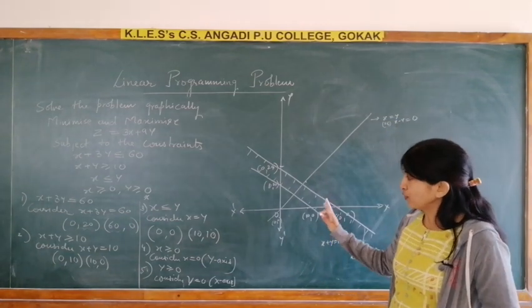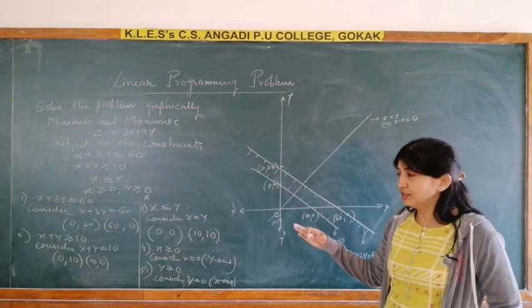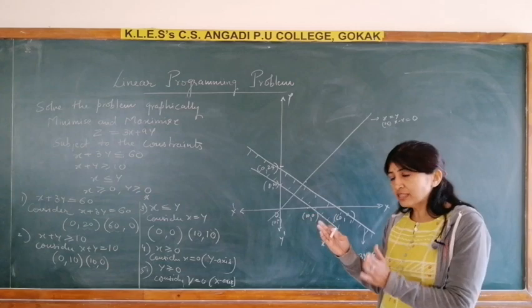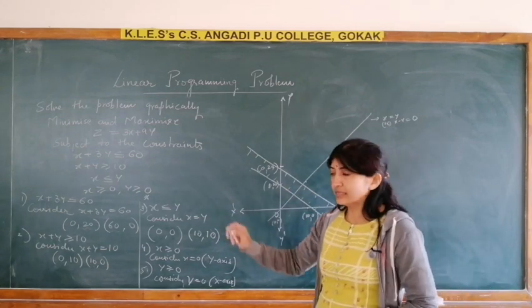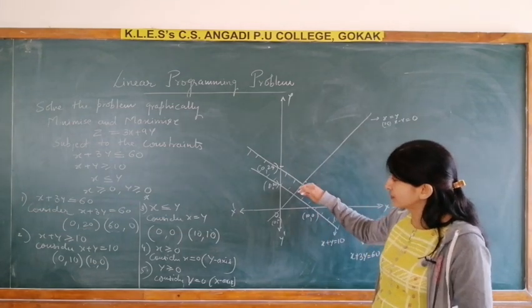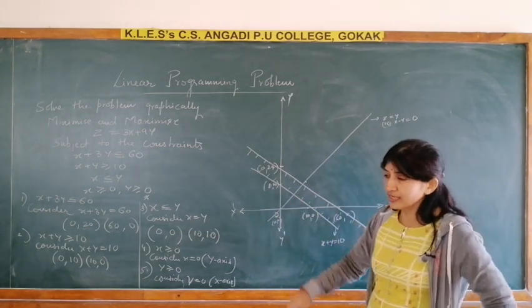Now, the next point is, when the line is not passing through the origin, towards which side we have to shade, for that we always take the origin as the testing point. But if the line itself is passing through the origin, we can't take the origin as the testing point.